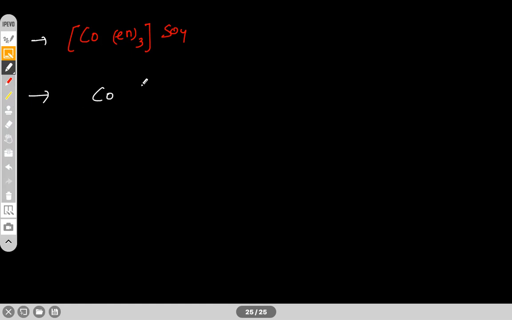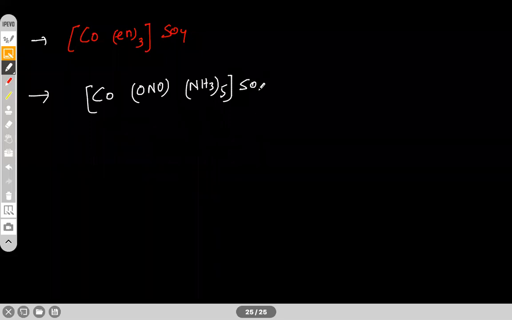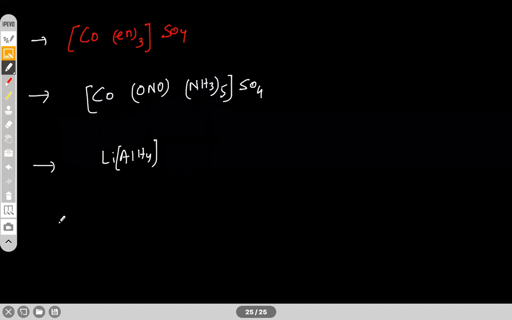Co(ONO)(NH3)5 SO4. Another one, Li AlH4. Try these compounds.